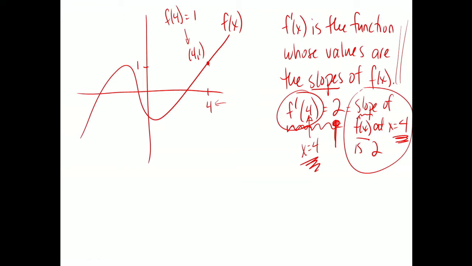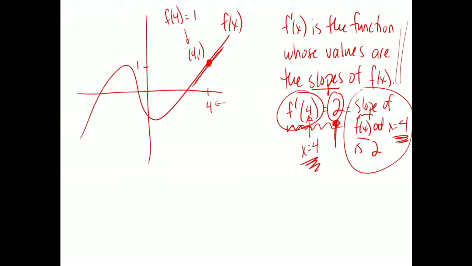So what that means is that if I squint, we've drawn these little guys in a bunch of times already. It basically means if I try to draw a line that goes through (4, 1), make the dot a little fatter so it looks like it goes through there, and if it's supposed to have the same slope as the graph, then that must be a slope of 2. Because the derivative tells you the slope of the graph of f of x at any x value.